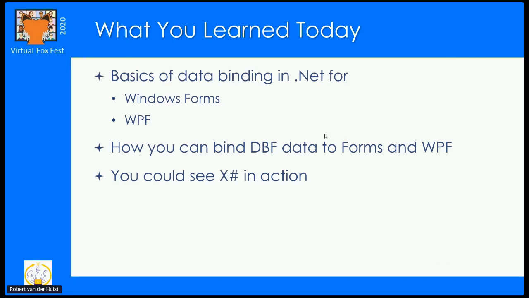And we either do that manually or, for example, what I didn't mention, but DBDataSource actually implements INotifyPropertyChanged. So that's why it binds. We've seen how you can bind DBF data to forms in WPF, and you can see that X# actually works, and it looks a lot like FoxPro.